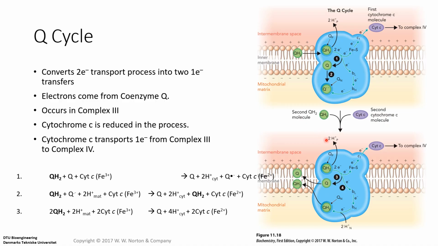Again, we get a release of 2 protons, but now we have 1 electron again reducing cytochrome C in the iron sulfur complex, and the second electron is then used to further reduce the semiquinone molecule we had up here. So that one is then further reduced to quinol by the uptake of 2 protons from the matrix. So that way you can say we transport 2 protons through and we release 2 protons from previous uptakes in the system.